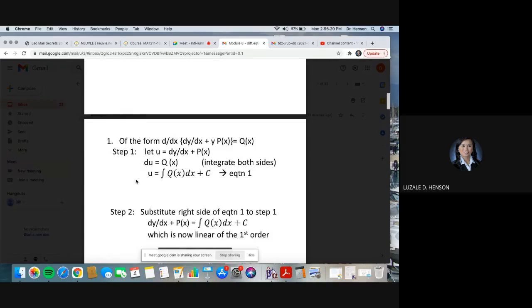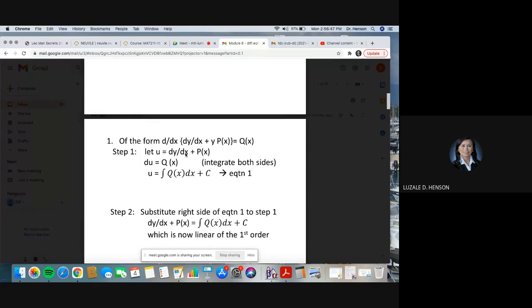So we'll take up the first form, how to approach and evaluate it if you encounter this type of differential equation. You have the derivative, in terms of x, of this, equated to q of x. So what you're going to do is equate this one with u. Let variable u be equal to dy/dx plus p of x times y. This is a familiar expression.